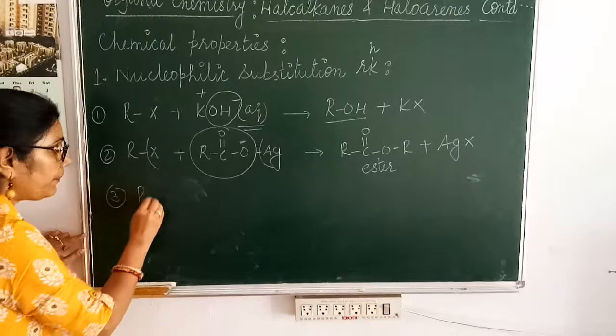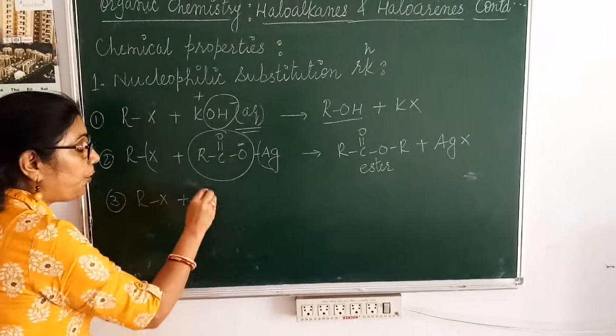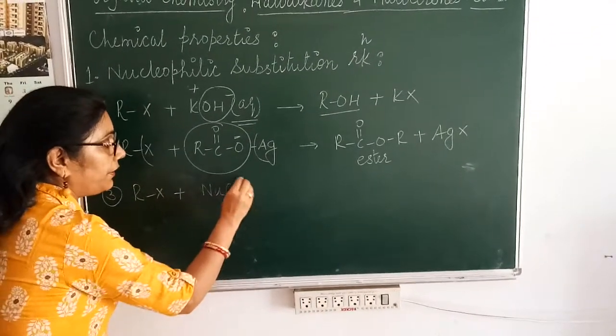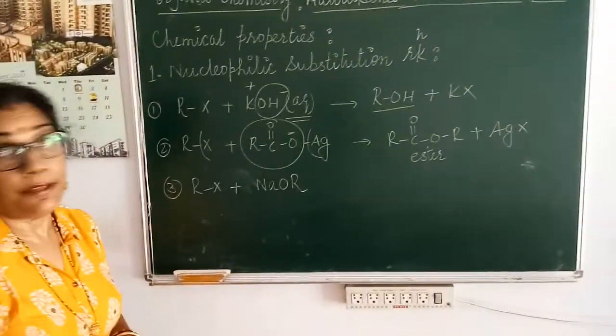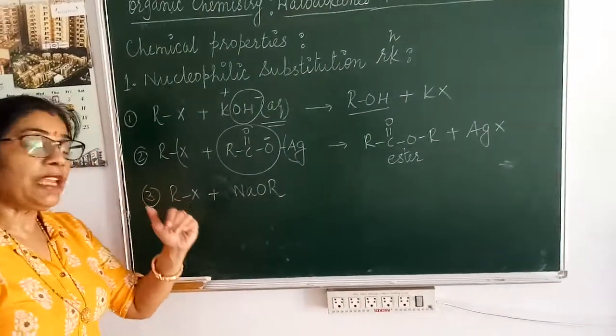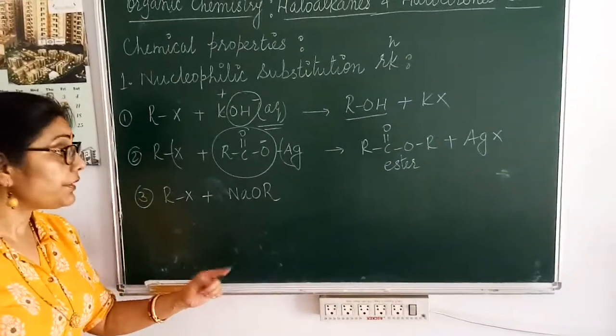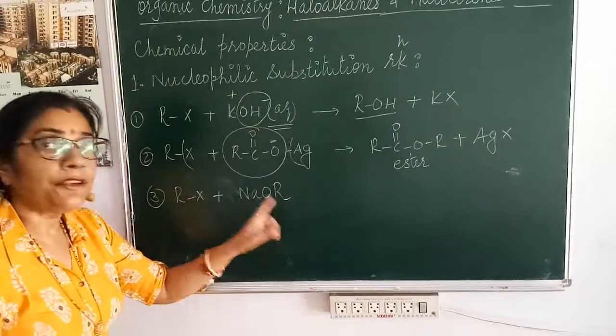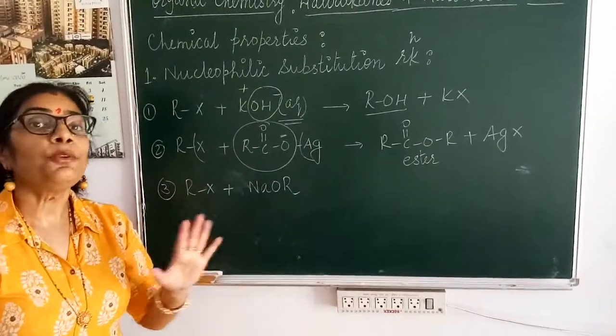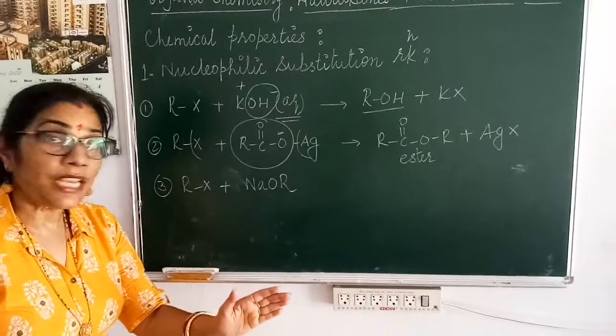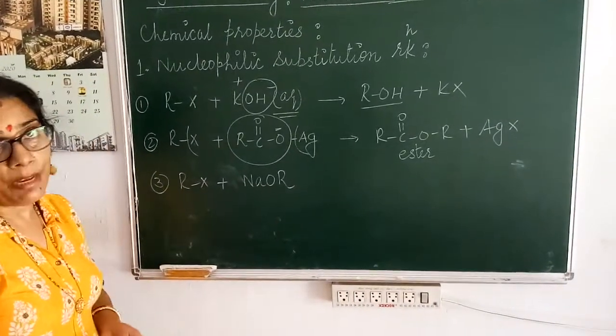When we take sodium alkoxide, RONa, how do we prepare the sodium alkoxide required for this purpose? When alcohols react with sodium metal, what do they give? They evolve hydrogen gas and the product is sodium alkoxide.